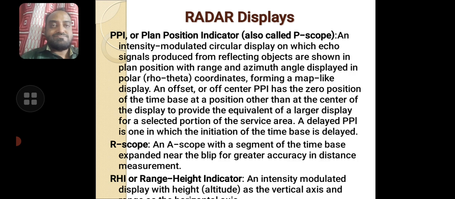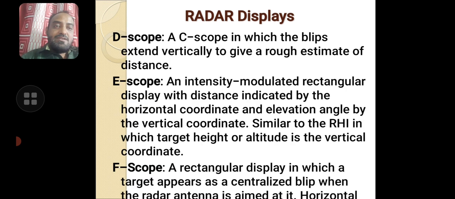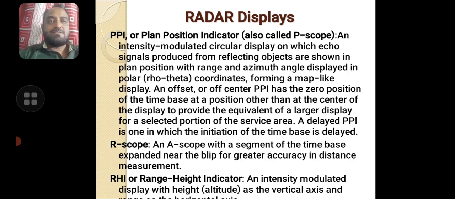Lastly, F-scope is a rectangular display in which a target appears as a centralized blip when the radar antenna is aimed at it. If it is not aimed at it, the blip will be away from the origin. Whenever it is aimed, it will come to the center.